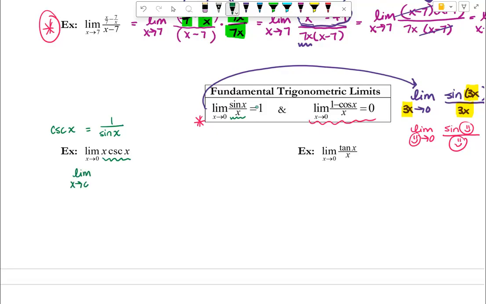So the limit as x approaches 0 of x times 1 over sine of x is the same as just saying the limit as x approaches 0 of x over sine of x. All right, so I might notice that that is the reciprocal of what is in that box.